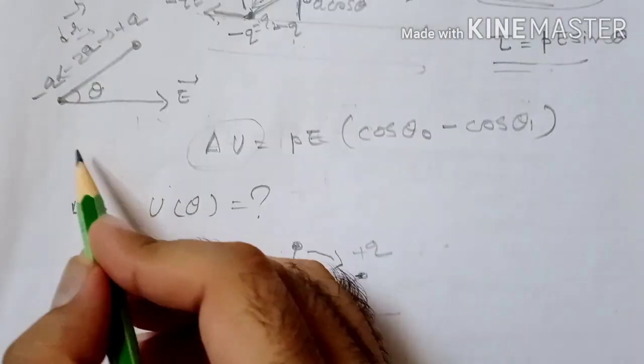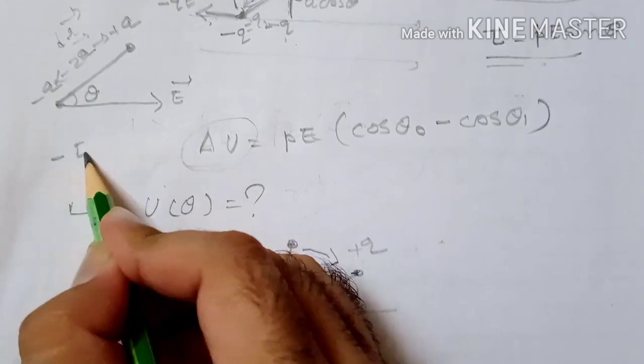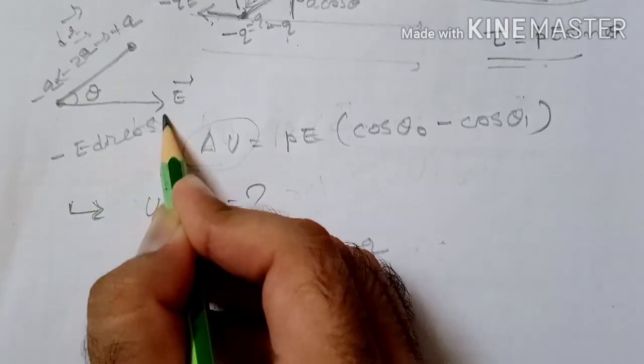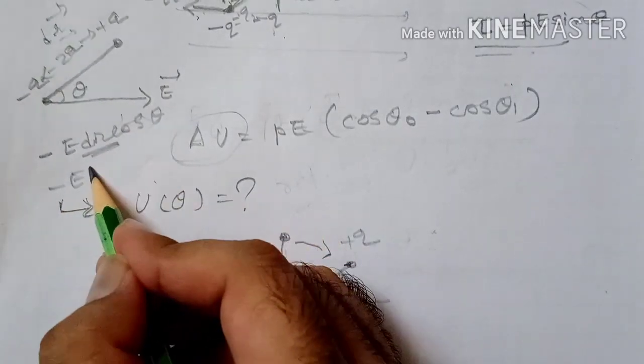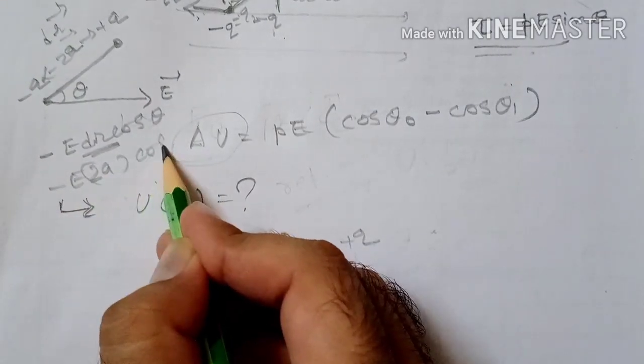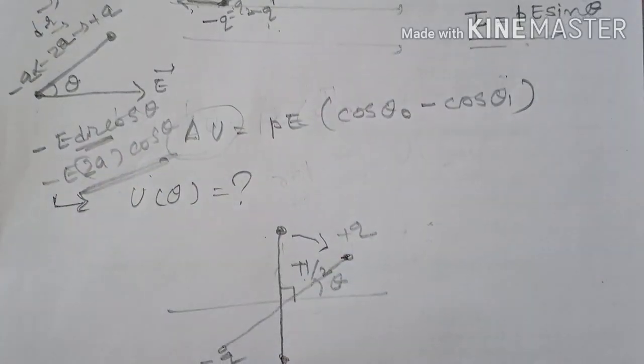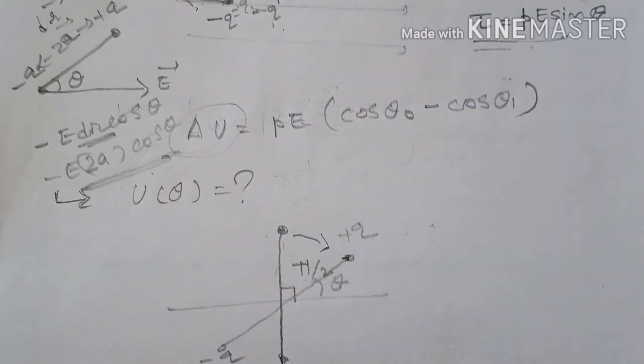So E vector dot dr vector, we know, can be written as minus E dr cos theta, and dr is nothing but 2a. So instead of that we can write E into 2a cos theta. This way also we can write E dr, minus E into 2a cos theta.